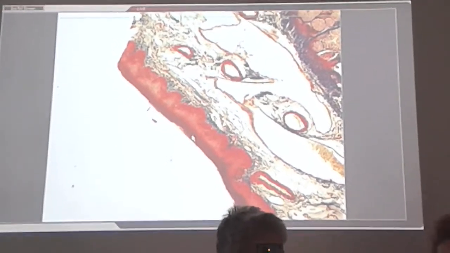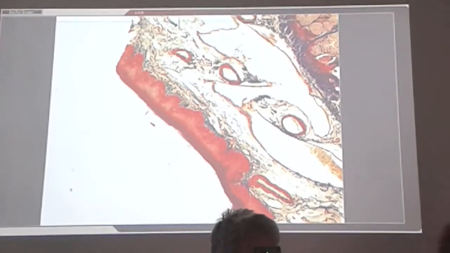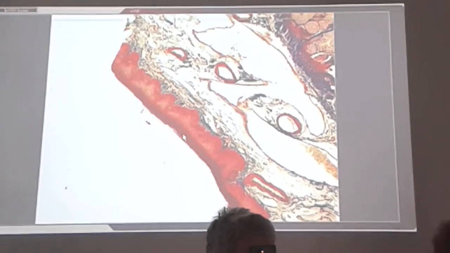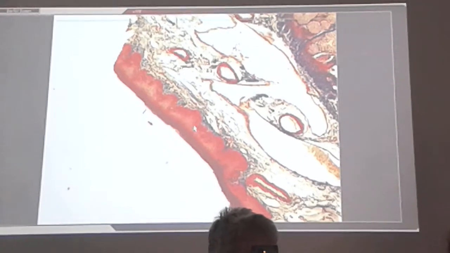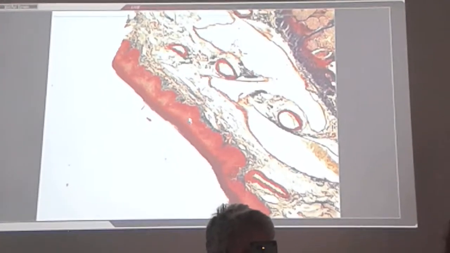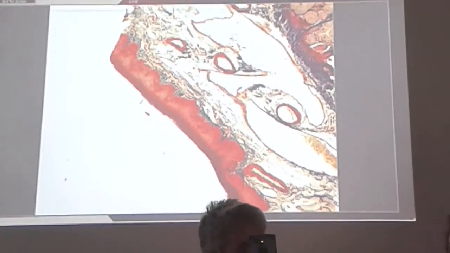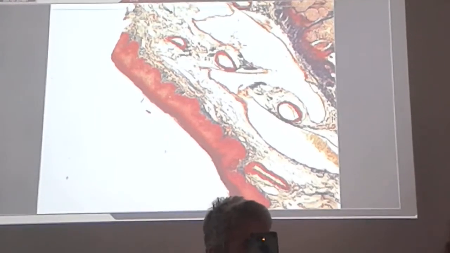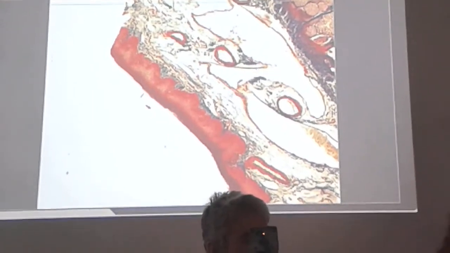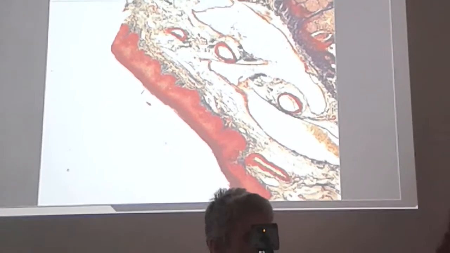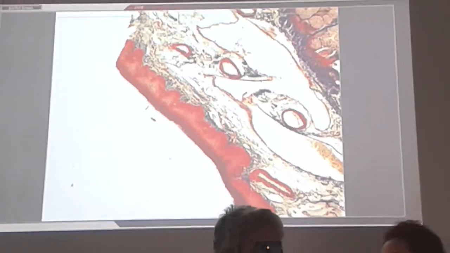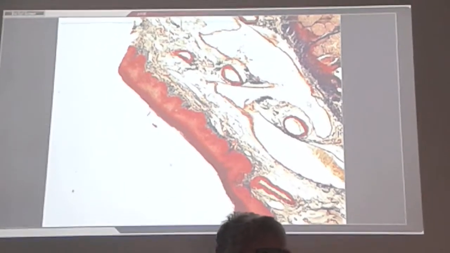The uppermost layer is squamous cells, but stratified, so there are many cells resting on each other. And then we have a thin lamina propria, and then the submucosa filled with blood vessels and other elements.